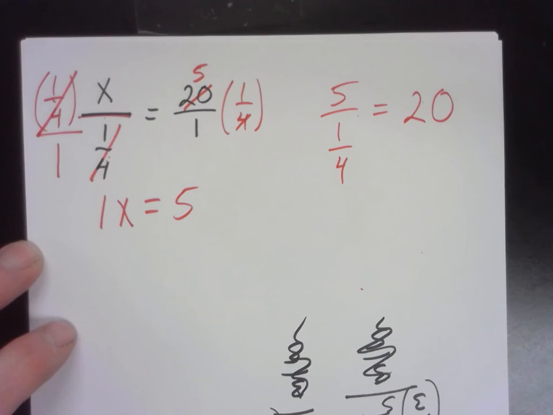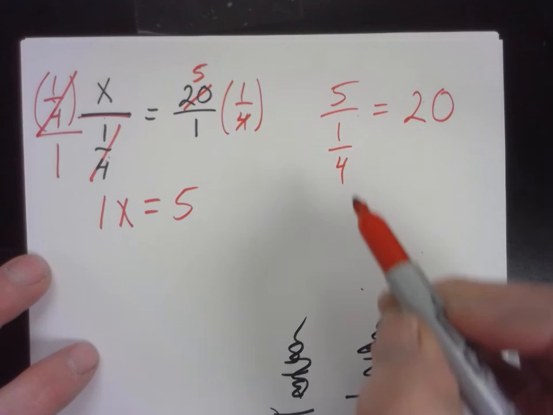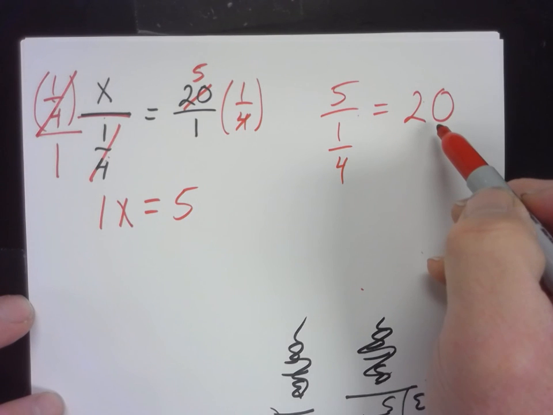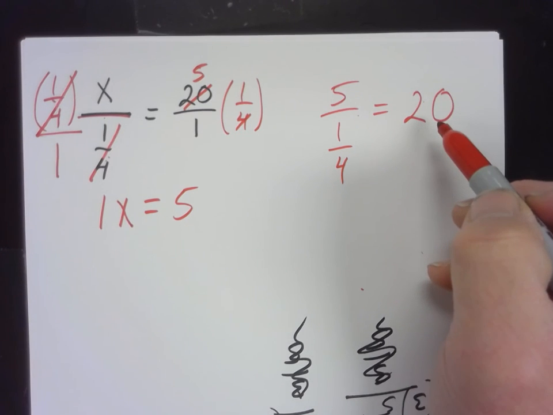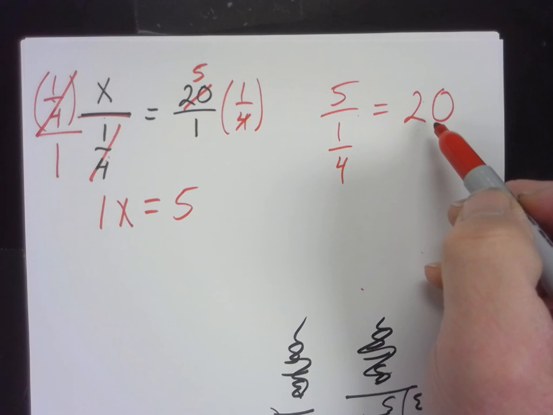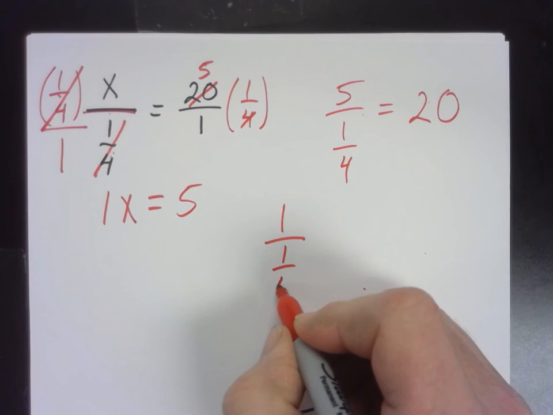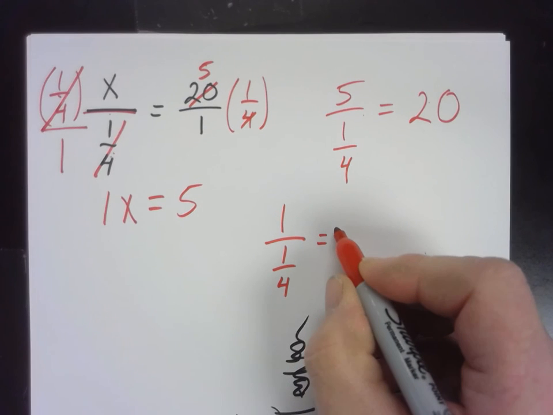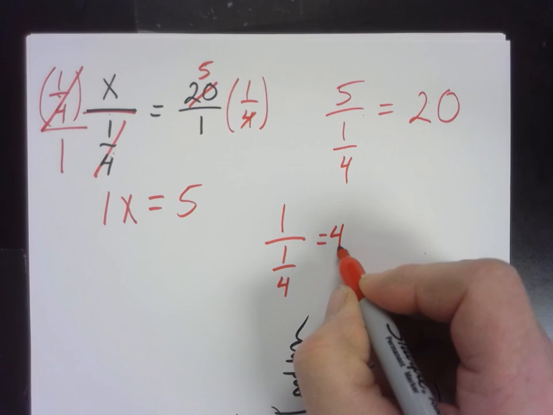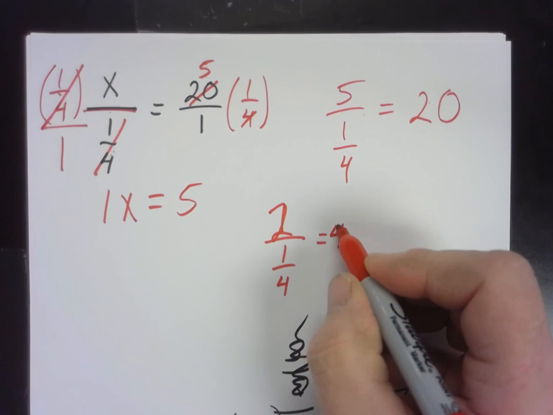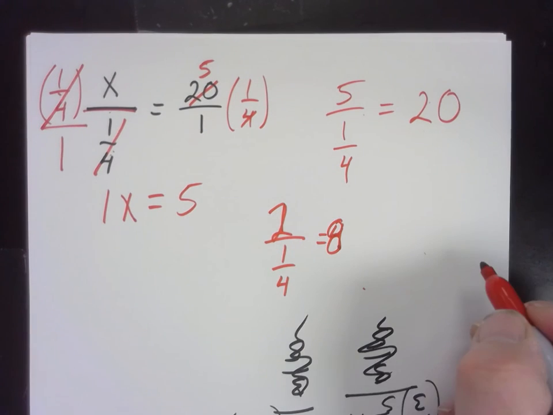If you take 5 things and divide them by 1/4, can we get 20? What happens if we take one thing and divide it by 1/4? What are we going to get? 4. What if we took 2 things and divided them by 1/4? What would we get? 8. See what I'm talking about?